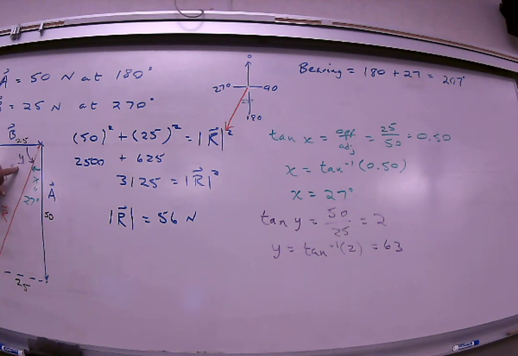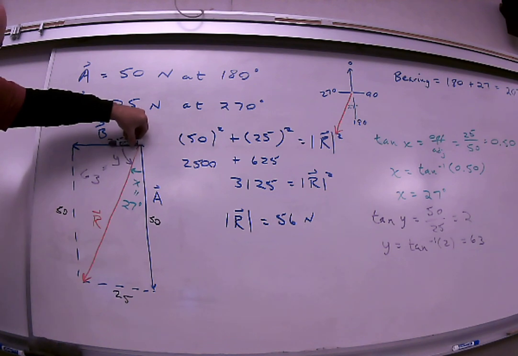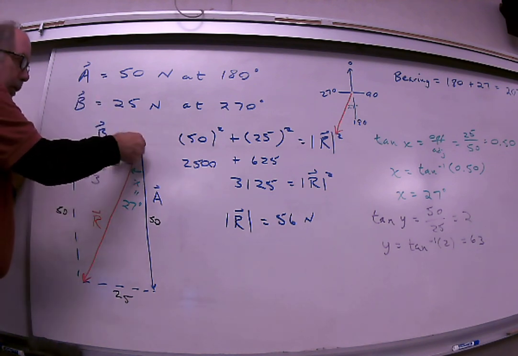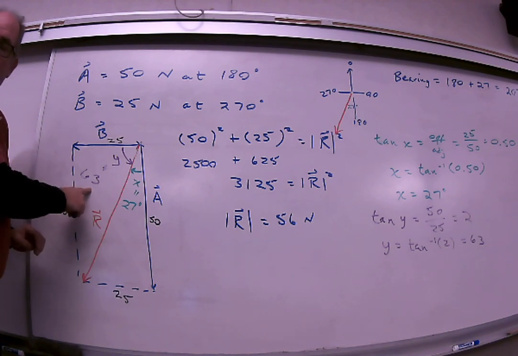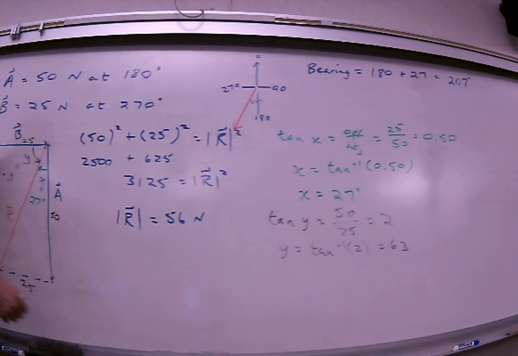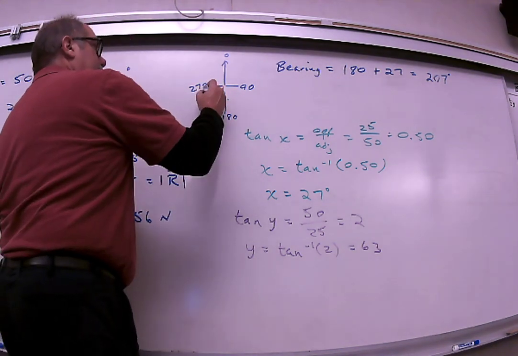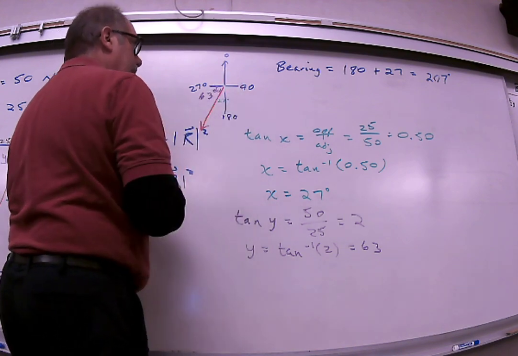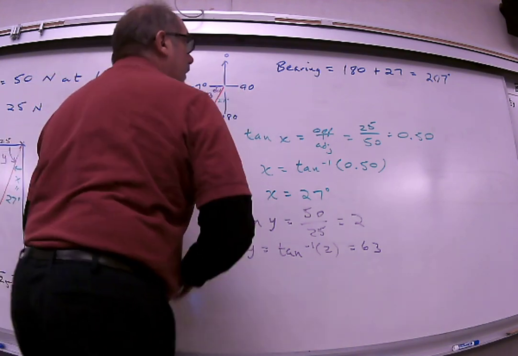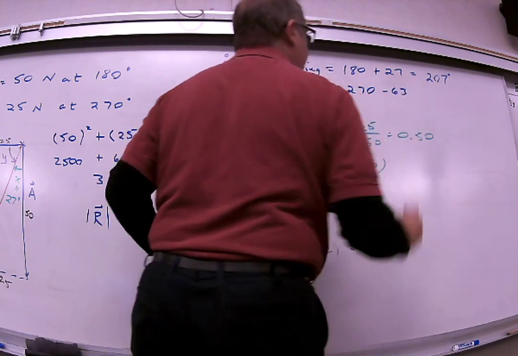But look where we started from. We started from 270, and we went down. We decreased by 63. So my bearing, in this case, if this is 63 degrees, can be found by taking 270 minus 63.